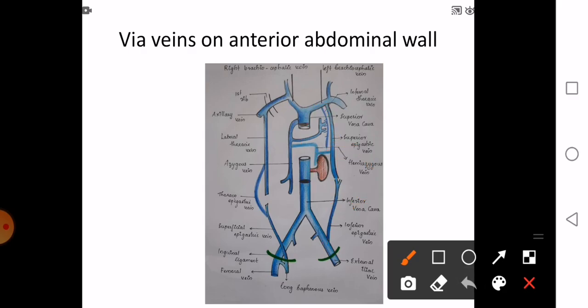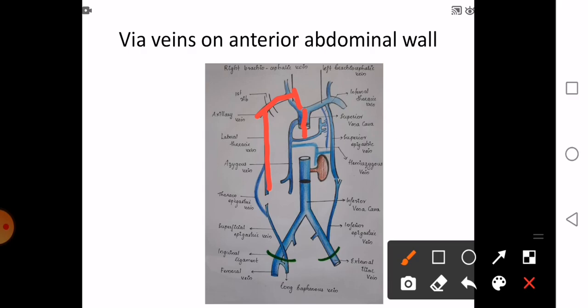Now let's look at the veins more laterally. We have the lateral thoracic vein, which drains into the axillary vein, into the brachiocephalic, superior vena cava and the heart.